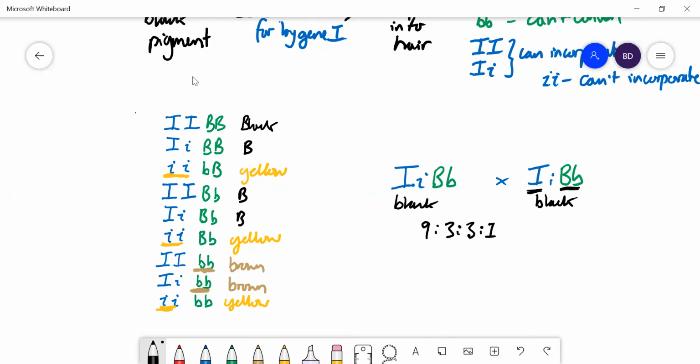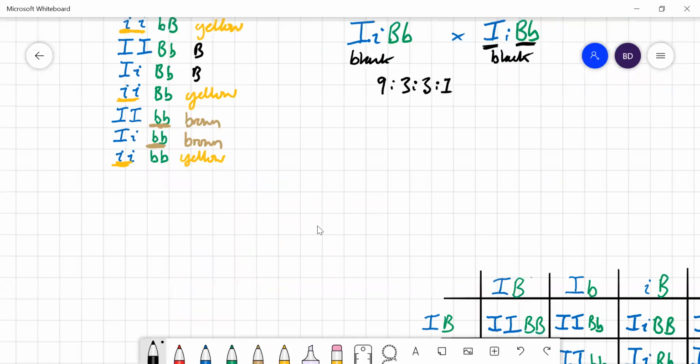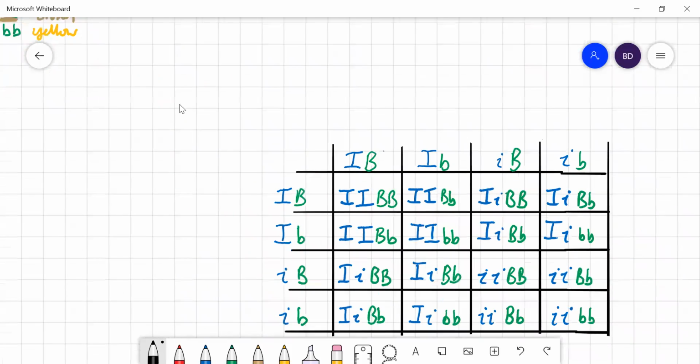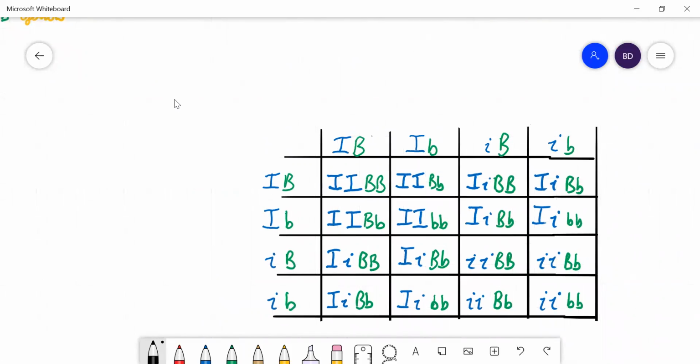So let's do our normal square down here. On the top line here, we've got the female gametes, and we've got the male gametes here.